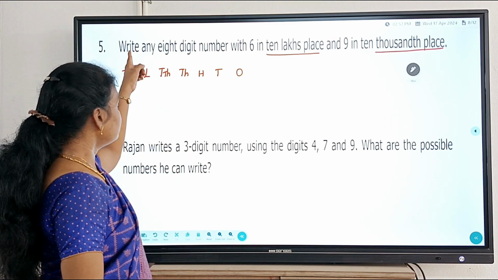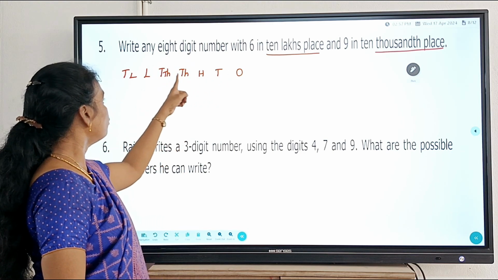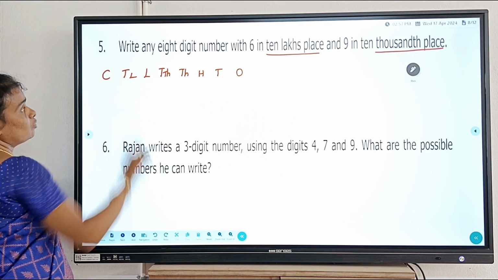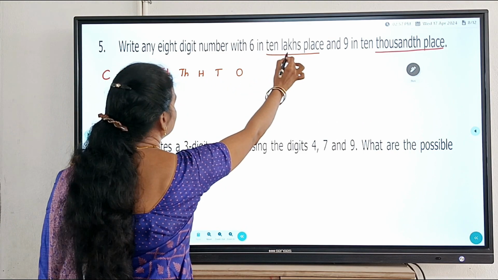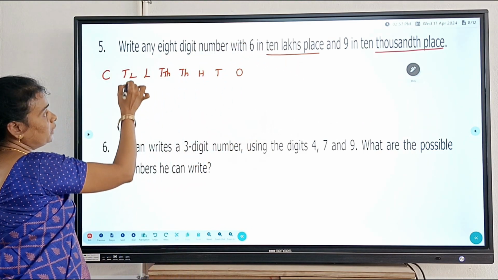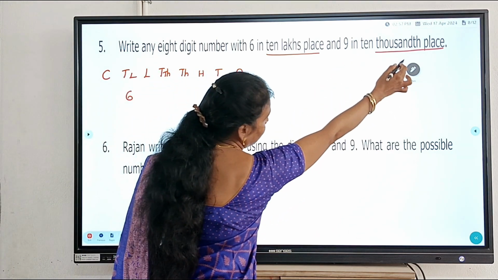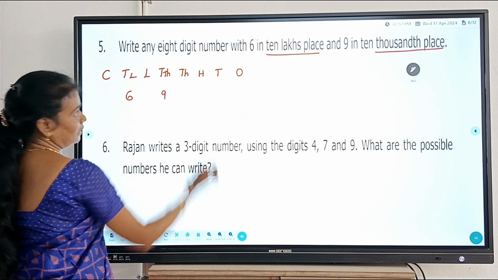So what you must write? Write any 8-digit number. So 1, 2, 3, 4, 5, 6, 7. So lakhs, 10 lakhs and then the next one will be crore. So 6 in the 10 lakhs place. So in place of 10 lakhs you will write 6 and 9 in the 10,000 place. So in place of 10,000 you will write 9.